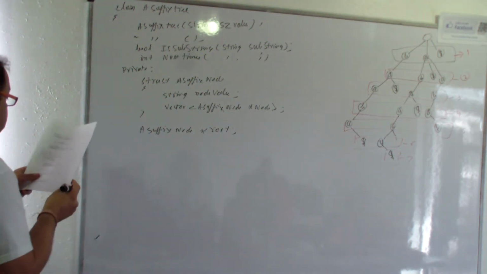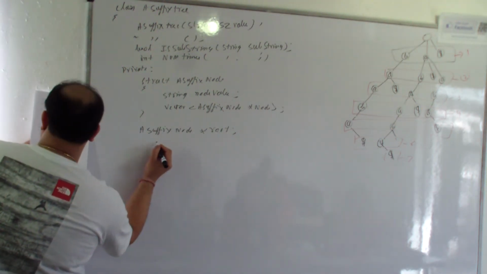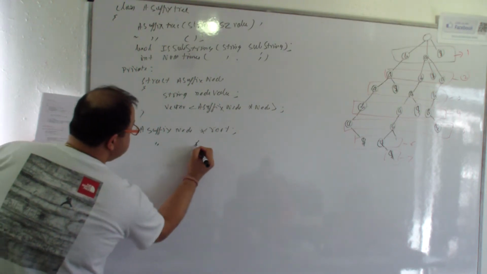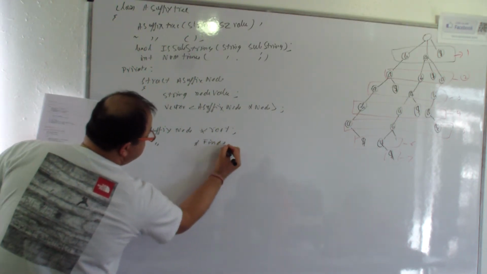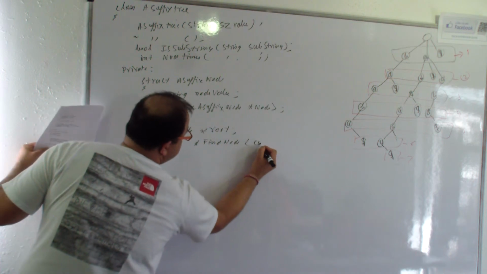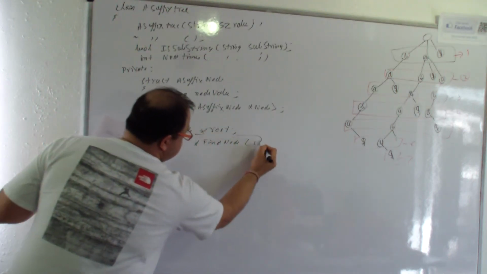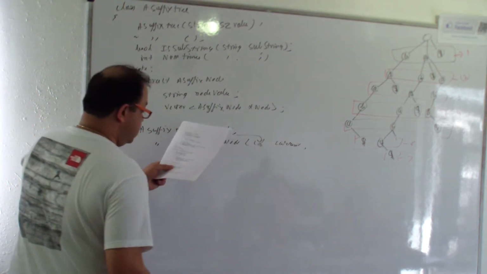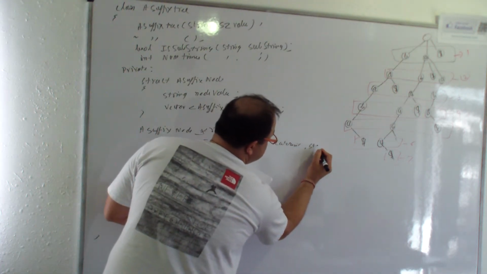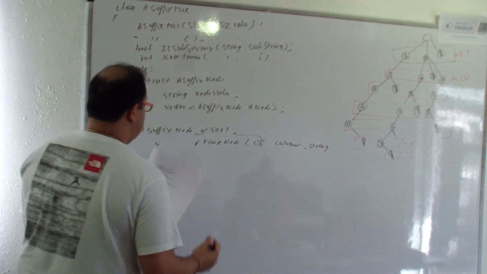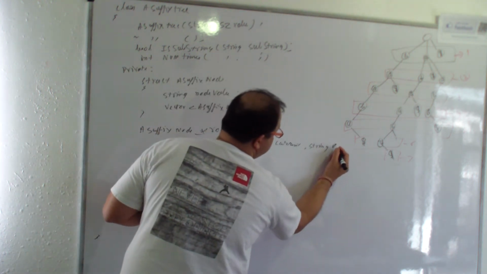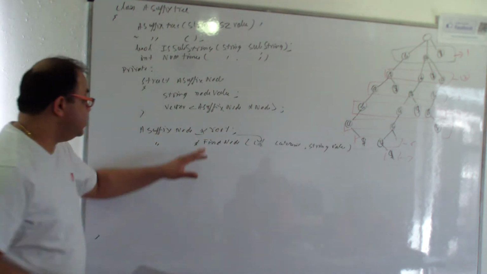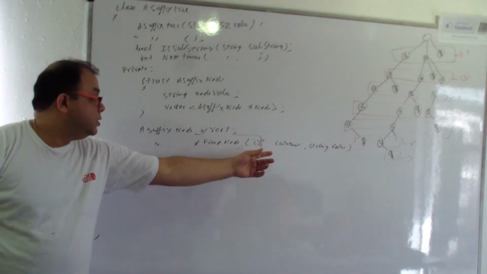Then there is a suffix node star find node, taking a current suffix node and a string value. This will find a node.